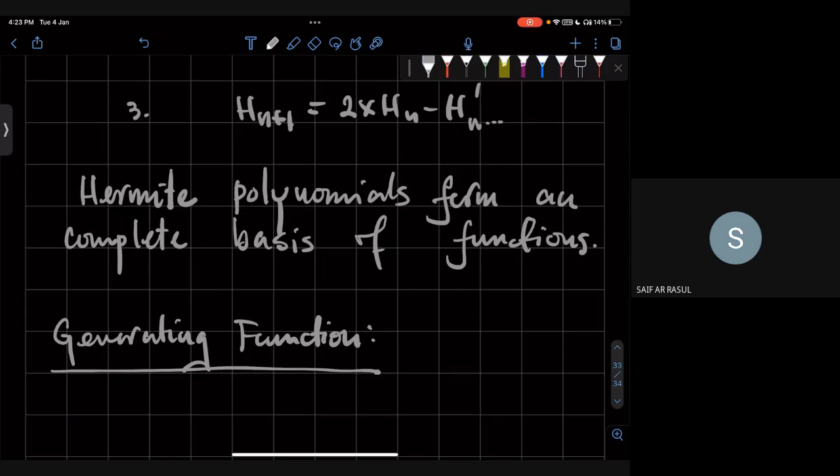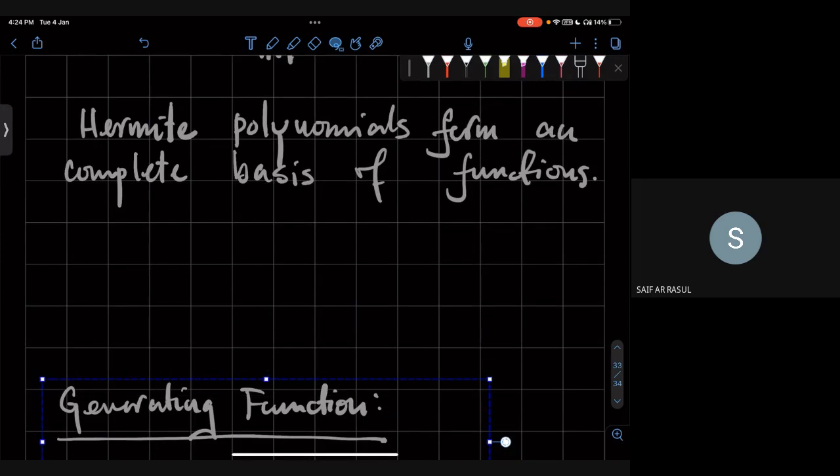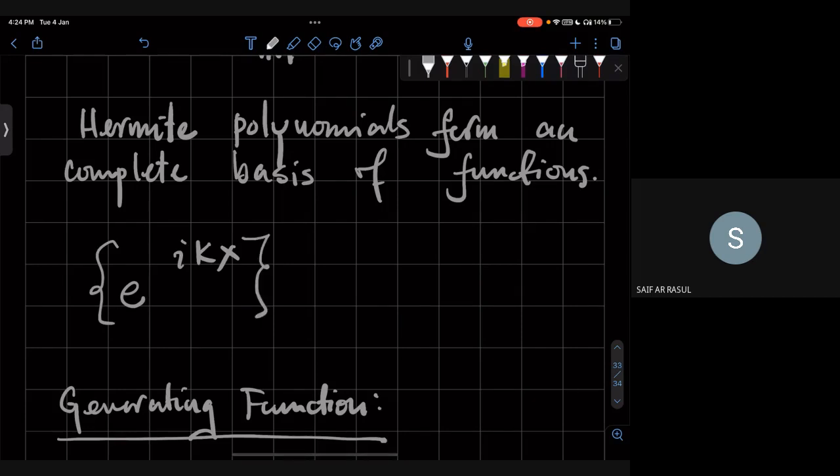This is analogous to what we saw with Fourier, that e to the power plus minus ikx, or really just e to the ikx since k can take both signs, are complete functions. Any function can be expressed as a linear combination of them.